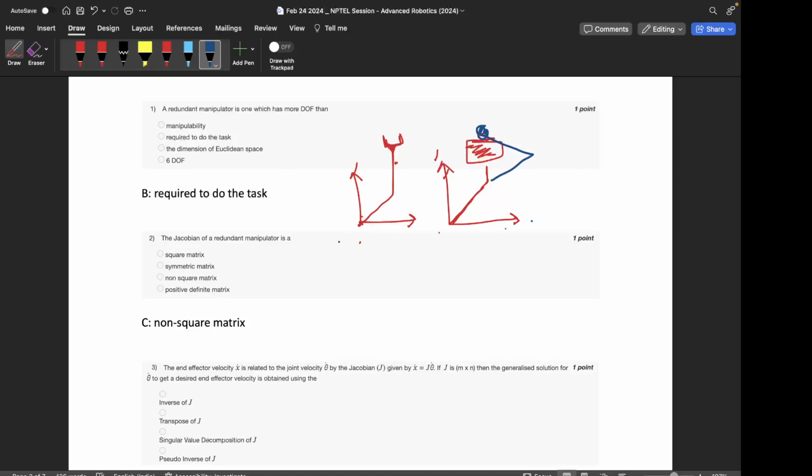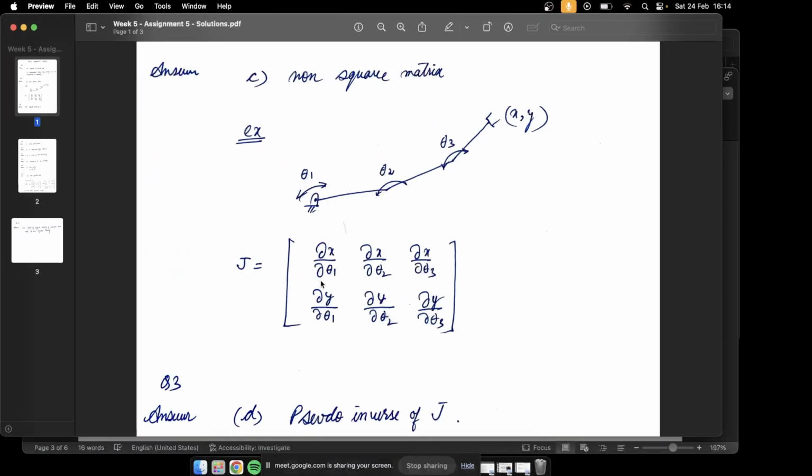So after that, I discussed that the Jacobian of a redundant manipulator is a non-square matrix because each coordinate of the end effector is differentiated with respect to the joint variables, and since the number of joint variables, that is the number of degrees of freedom, is more than the number of coordinates of the end effector, the number of columns will be more than the number of rows. So that's why in case of a redundant manipulator, the Jacobian matrix will be a non-square matrix as shown here.